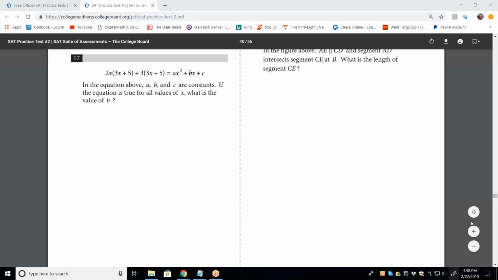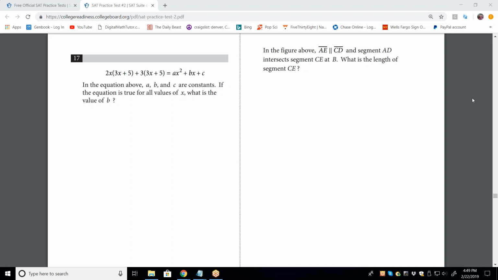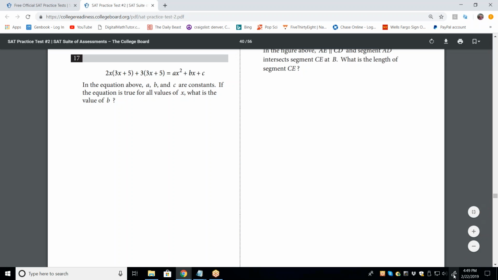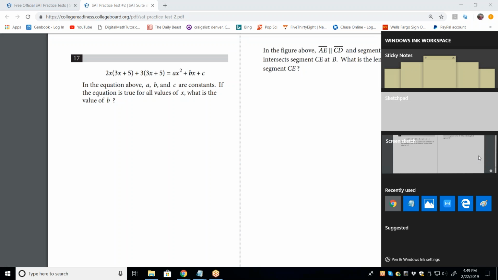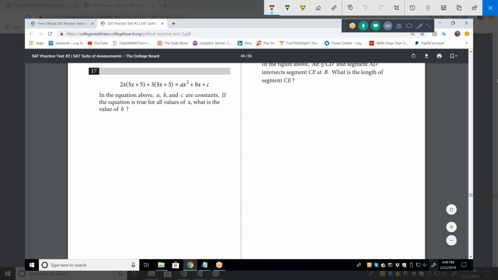I like 17. What are we going to do with 17? You would start, or I would at least, start off by distributing the 2x.